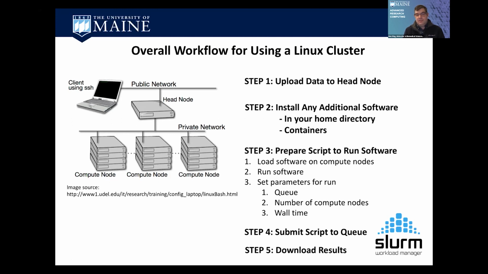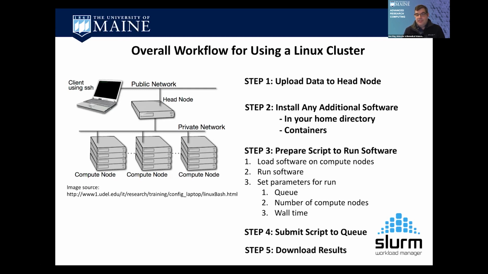And there are different parameters that one needs to set. So there's a concept of a queue, which is the list of jobs. And you can configure which queue you're using, which is a series of nodes that perhaps feature a particular architecture, like having lots of RAM on a particular node, or GPUs or whatever. And then you specify the number of compute nodes you want to use and the maximum runtime.